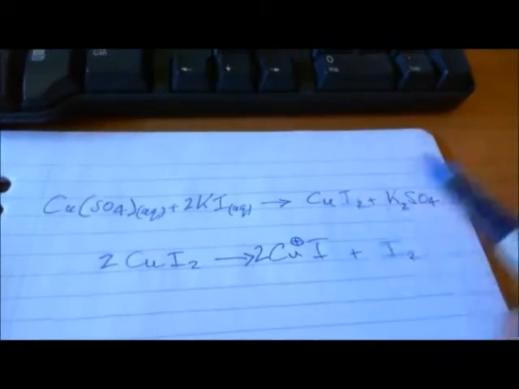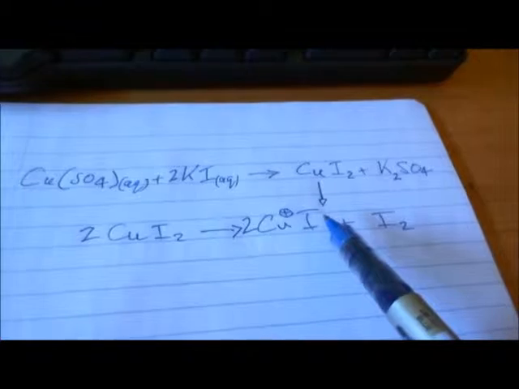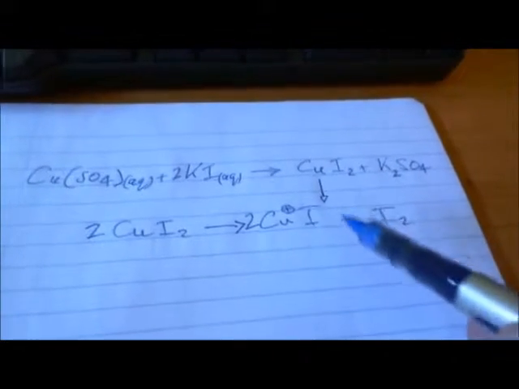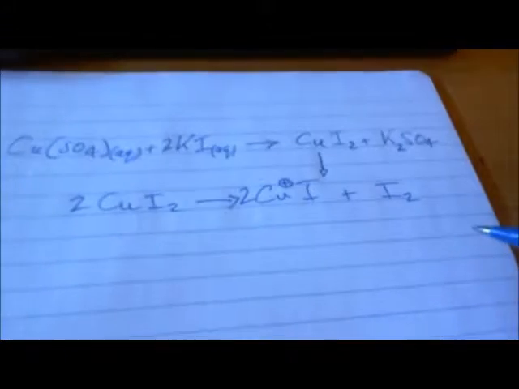So what we've got is a 2-stage reaction where we're going from this side of the first equation to this intermediary phase, which then breaks down into these products. Now what we've got to do is get the whole equation to balance completely.